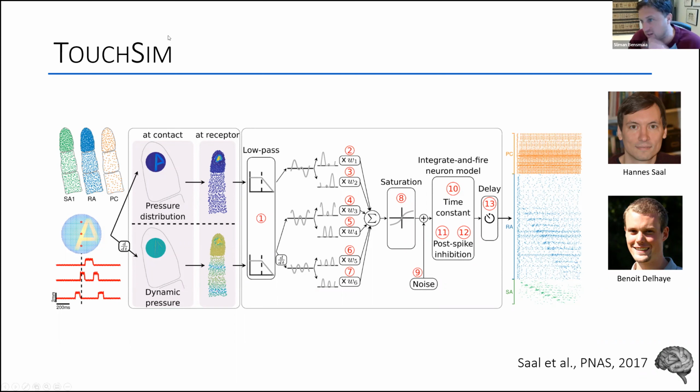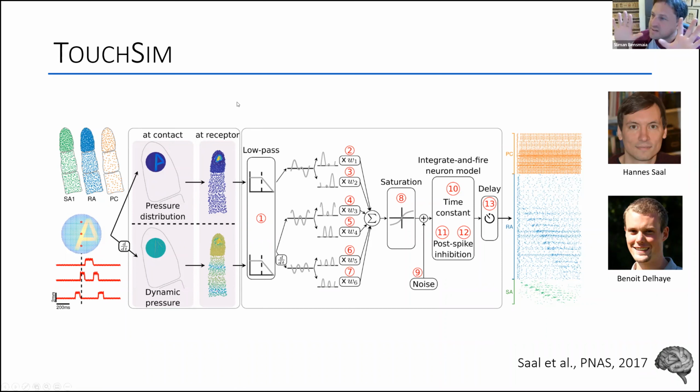So what you do is you specify what the pattern of skin deformation is. And what the model does is first estimate how the skin would deform, because a lot of our sense of touch is actually determined by the mechanical properties of the skin. So the first thing this model does is figure out how the skin would respond to this stimulus that you're applying to the skin.